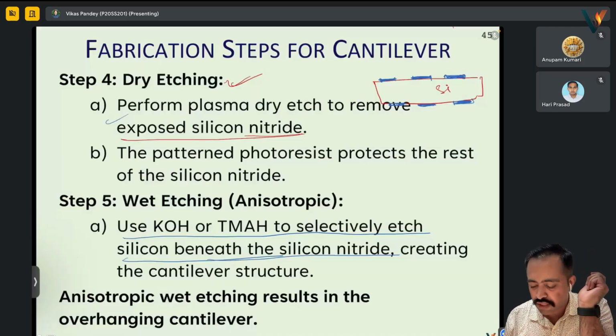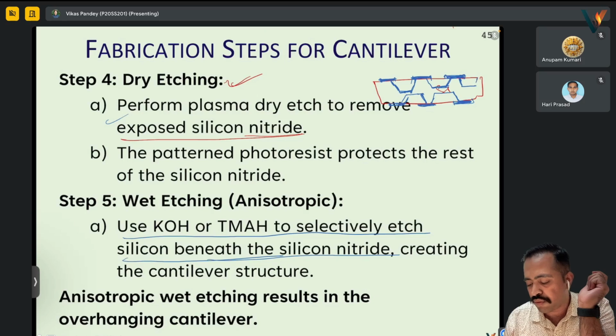So what will happen is that it will start to etch out and create a structure like this, till some depth here, and here also, till some depth, on both the sides.